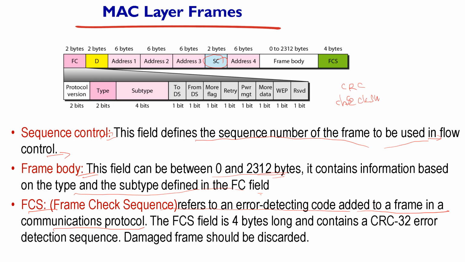Here also we are using CRC32, a particular version of CRC for error detection and correction. So the same technology is used. Damaged frames are discarded and a request is made to resend the damaged frames. For this purpose, the FCS field is used.